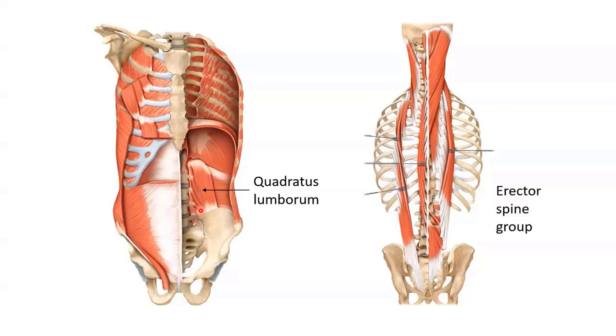We then have the erector spinae group, and this is a group of muscles which form the prominent bulges that you can feel if you run your hands down either side of your vertebral column. So if you feel for your vertebral column on your back, the 2 bulges of muscle on either side are made up of our erector spinae group.